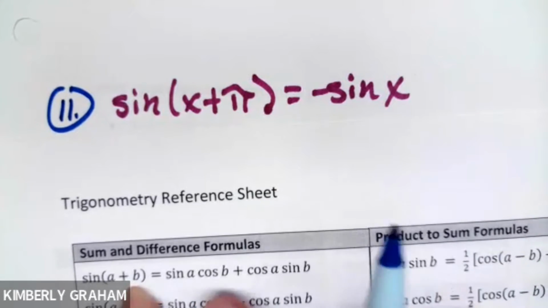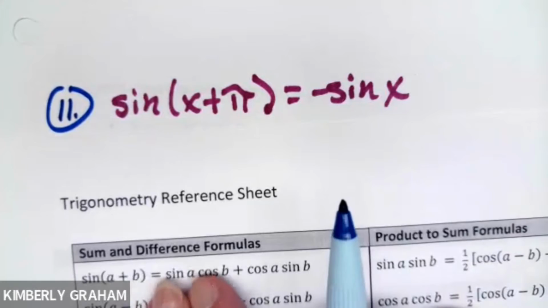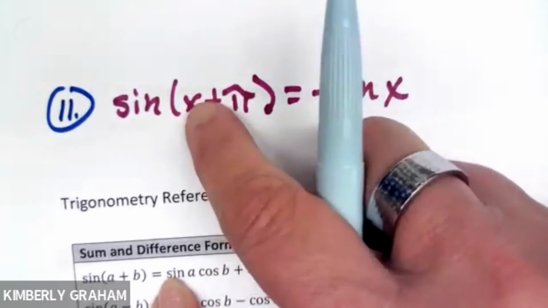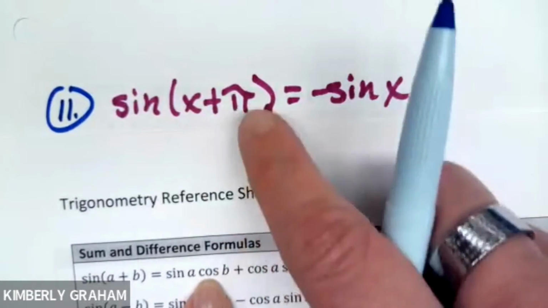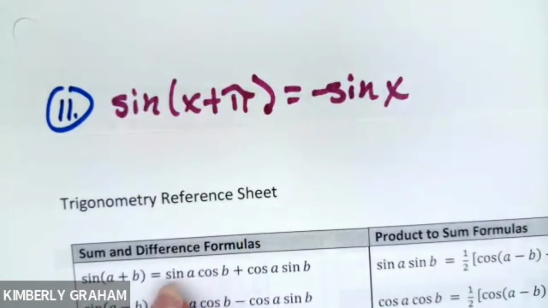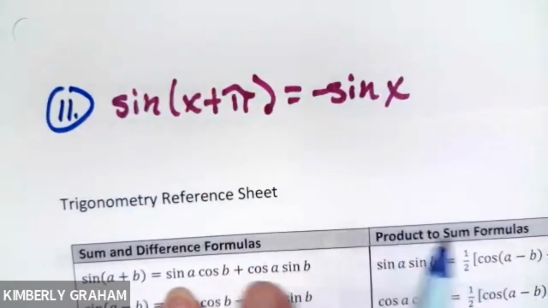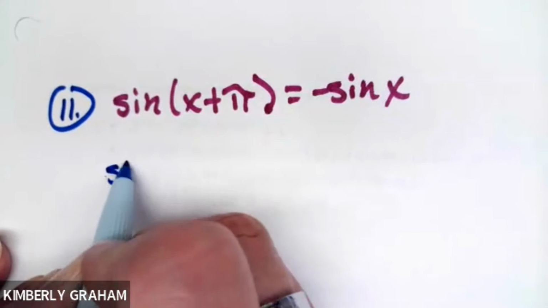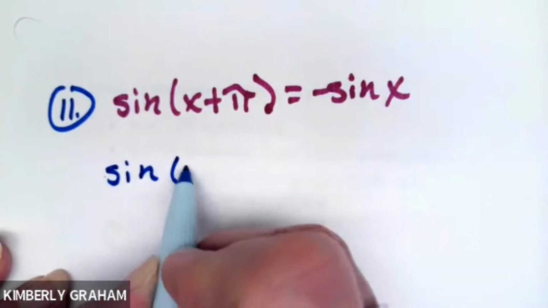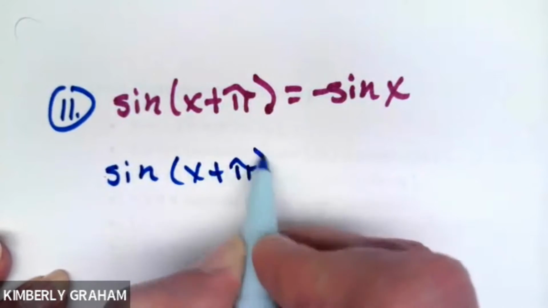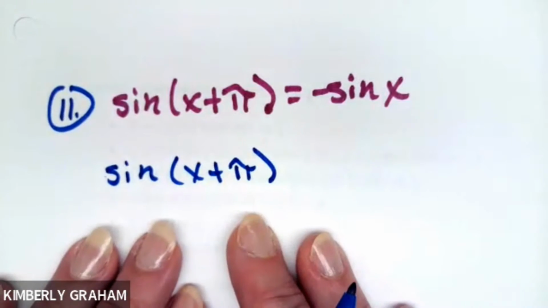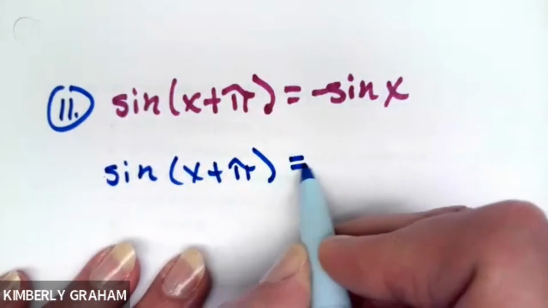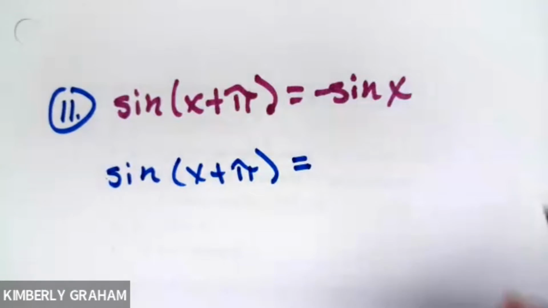So my alpha, or sorry, the alpha here, or a, is going to be replaced with x. I'm going to replace b with pi in this expression here. So I can, first of all, start off by writing down the left-hand side of this identity, then equals, and I'm going to use this identity here, and I'm going to substitute in x and pi here.